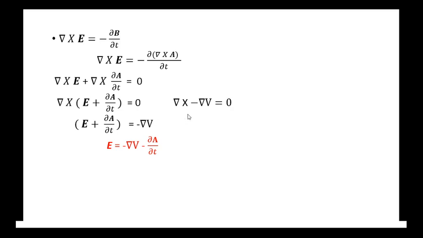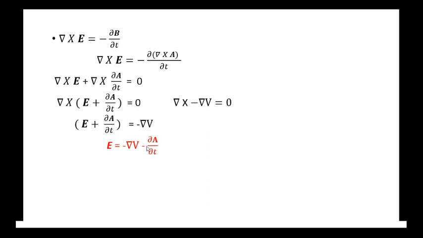That is, del cross del V is equal to 0, the curl of the gradient of a scalar function is equal to 0. So you can compare both of these equations. Then you will get E plus dou A by dou T as minus del V, so that E is minus del V minus dou A by dou T.